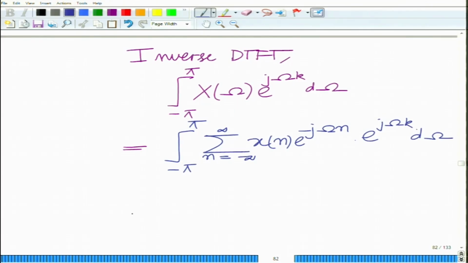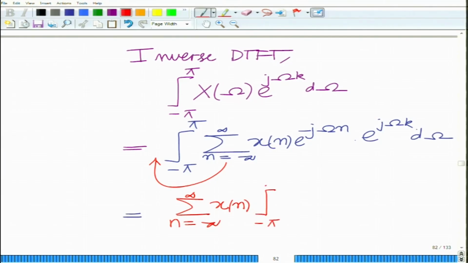Now interchanging the integral and the summation as usual, bringing the summation outside, this will be summation n equals minus infinity to infinity, and x[n] will also come outside since it depends only on n, integral minus pi to pi e raised to j omega (k minus n) d omega.